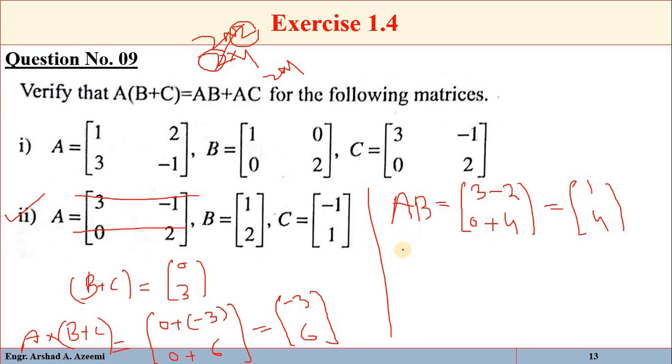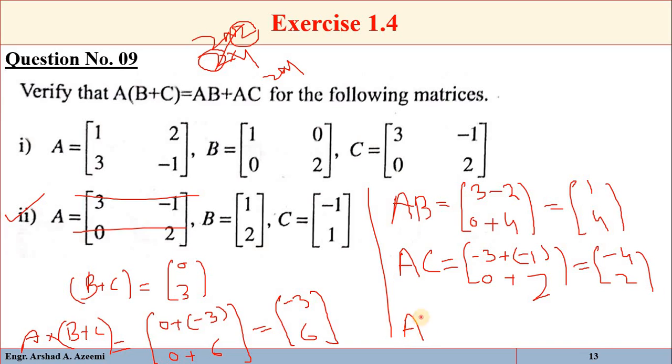Now find AC. AC will be 3 multiplied by minus 1, that is minus 3, plus minus 1 multiplied by 1, that is minus 1; 0 multiplied by minus 1 is 0, plus 2 multiplied by 1, that is 2. Simplify it, so it is equal to minus 4 and 2.